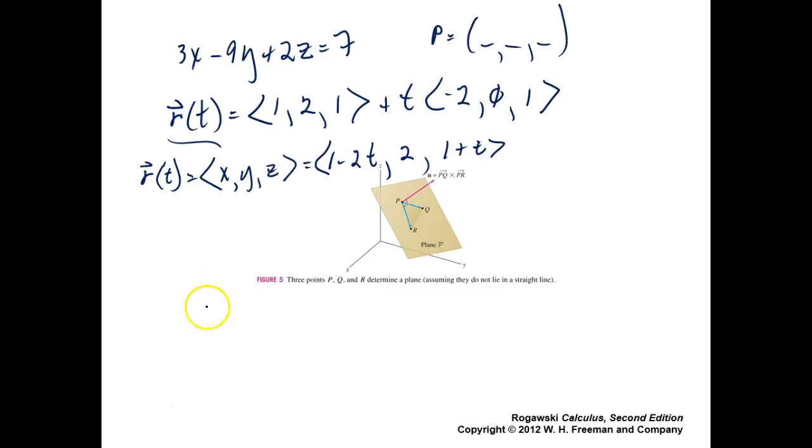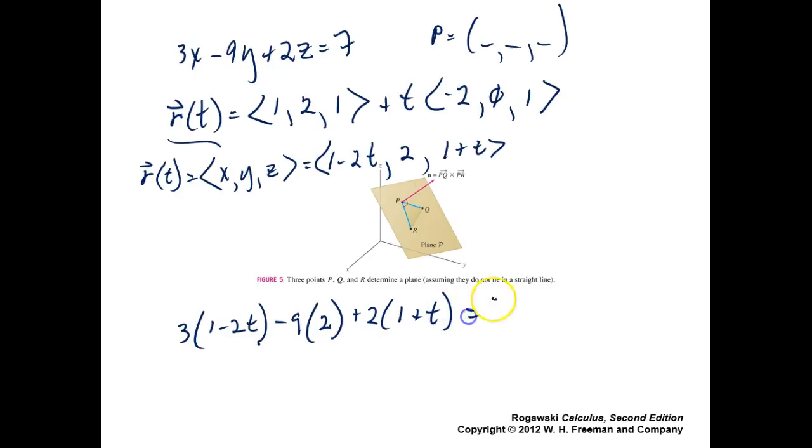So let's plug those in. 3 times 1 minus 2t minus 9 times 2, that's pretty easy, wasn't it? Plus 2 times 1 plus t, that has to equal 7. Is that making sense? Well, let's see what comes of that.